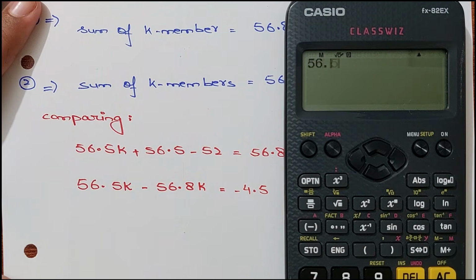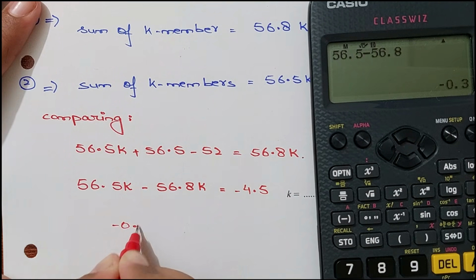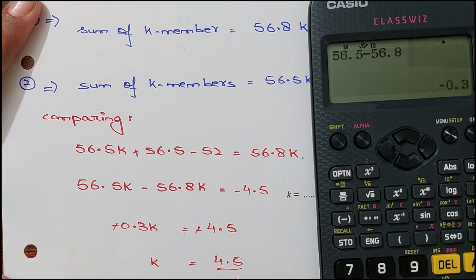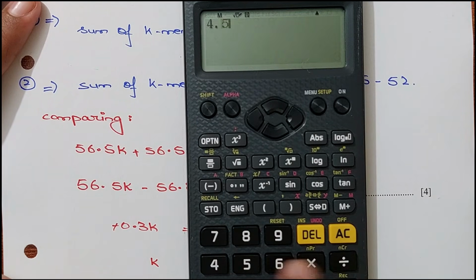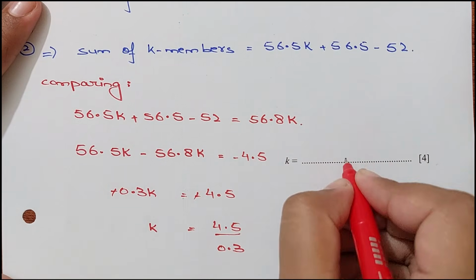And 56.5 minus 56.8 is minus 0.3k, equals minus 4.5. The minus cancels with the minus. So k is 4.5 over 0.3, which equals 15. k equals 15.